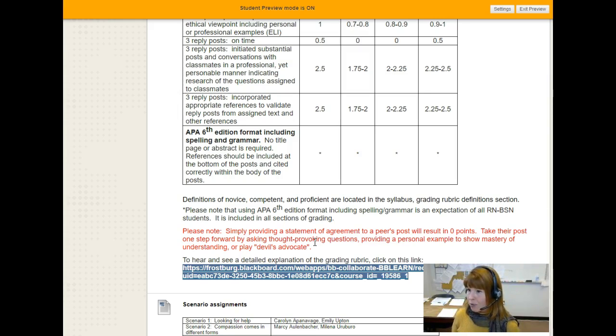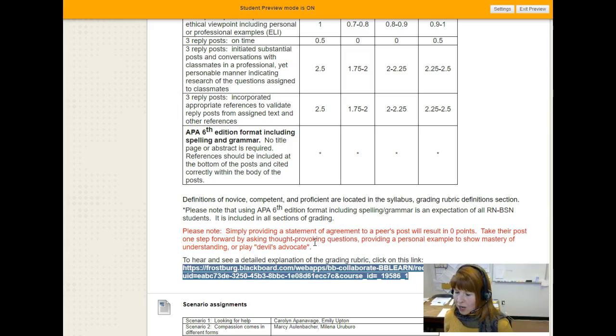That would be an example. Or certainly you can agree or disagree with your peer's post, but again, that's not all I want in your response. I want you to take it to the next step. Get the ANA Code of Ethics and elaborate in detail about a specific piece of information that your peer included in their post.